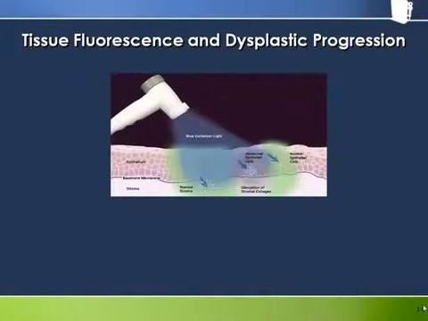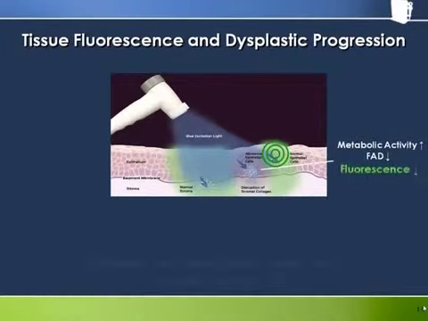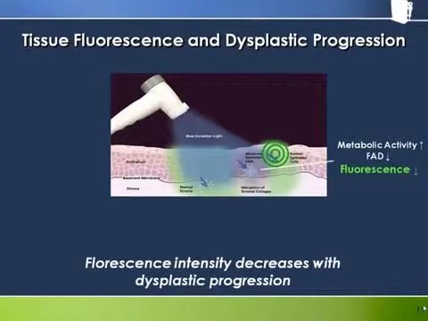Here we see then, in summary, how dysplasia and oral cancer result in decreased fluorescence intensity. There are 4 processes at work. Number 1, the increased metabolic activity of the dysplastic cells in the epithelium causes a decrease in FAD, resulting in decreased fluorescence.